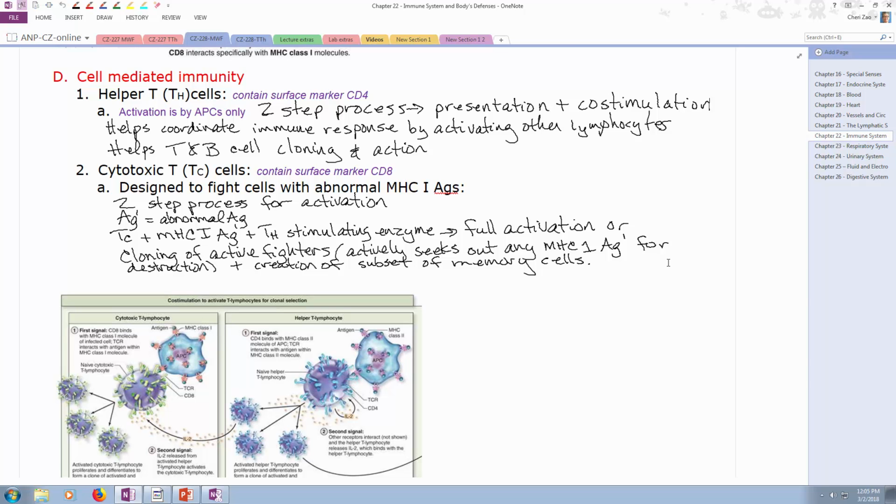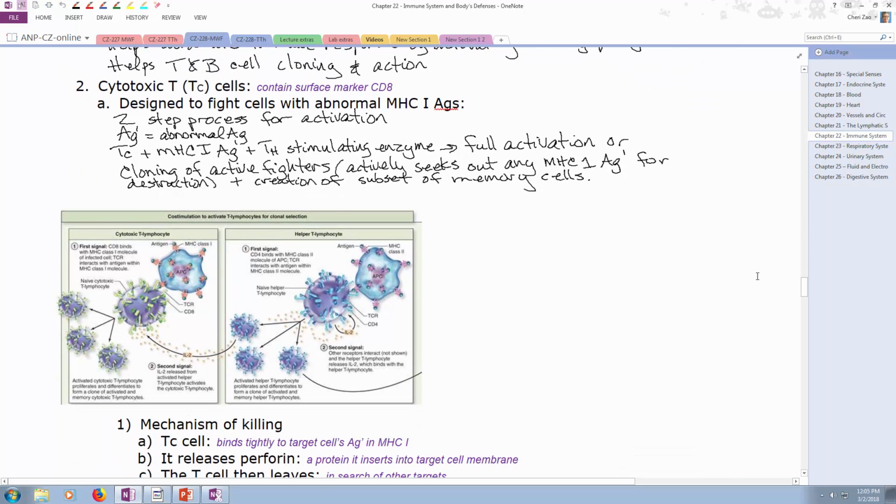That's a complete activation. Cytotoxic T cells, they have the surface marker CD8. Again, two-step process for them. And we're going to take a look at the picture down below and go over the T helper cell and the cytotoxic T cell also. So here is our MHC2 on our APC.